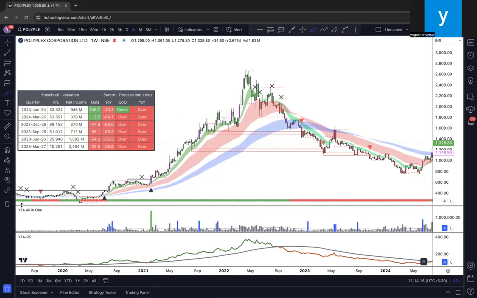Now, generally in a lot of systems and books, you will see that you should never give a company more than 20 PE. That is a theoretical way of trading. A lot of times the company's growth depends upon what kind of ROE and what kind of growth the company is showing. The higher the growth, the higher the ROE, the higher the PE.